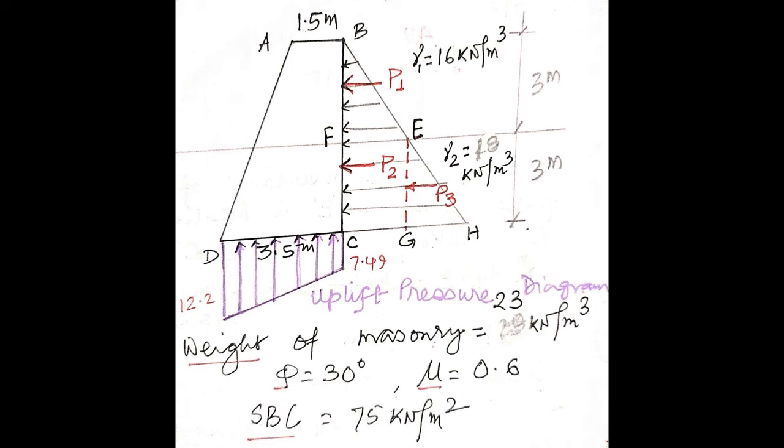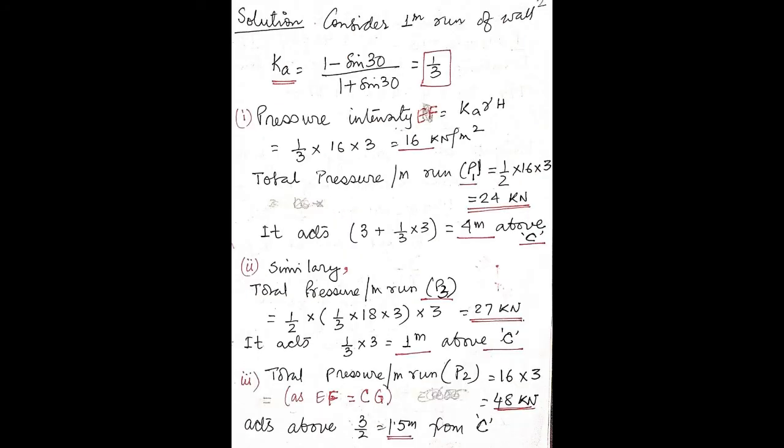Now let us start the solution. First of all, we have to find the active earth pressure coefficient, Ka. Ka is equal to (1 minus sine phi) by (1 plus sine phi). Consider 1 meter run of the wall. Phi is given as 30, so Ka is 1 by 3.